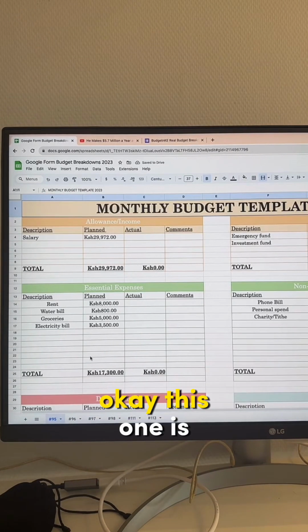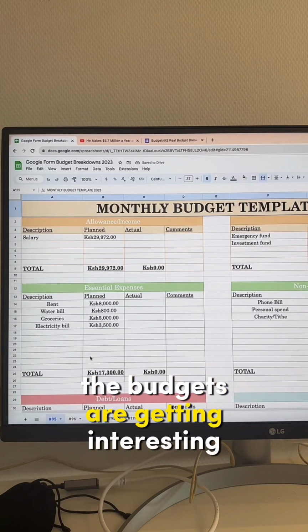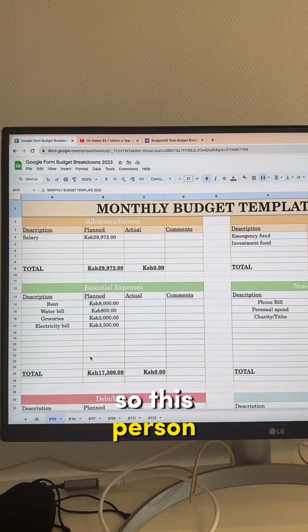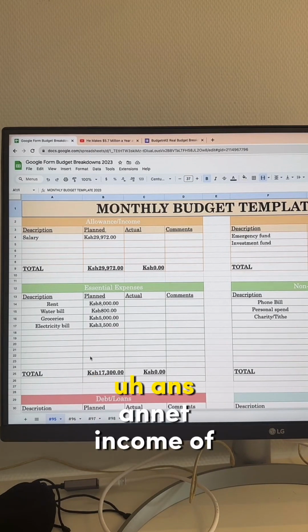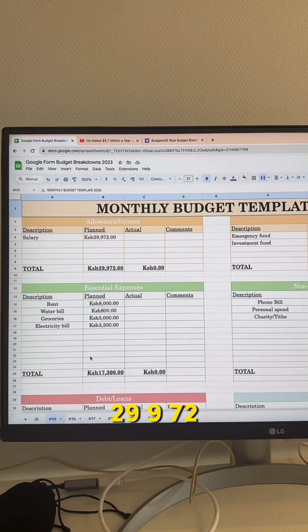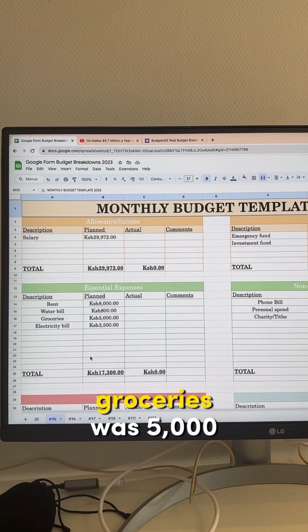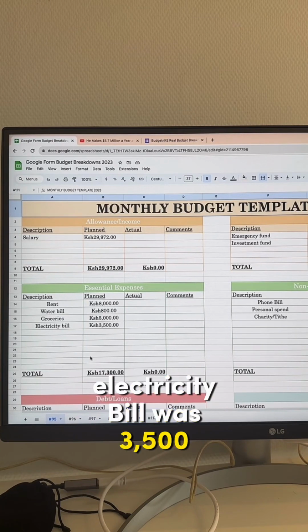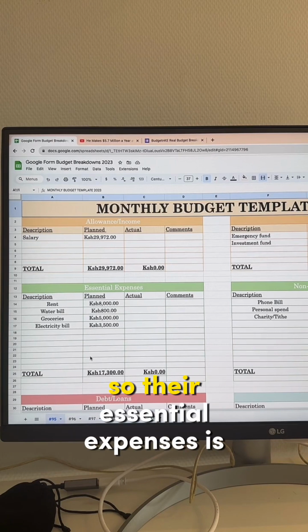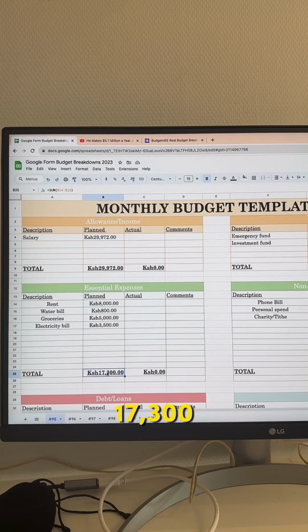Let's see this one. Okay, the budgets are getting interesting. So this person earns a net income of 29,972, no other income. Rent 8,000, water bill 800, groceries 5,000, electricity bill 3,500. So their essential expenses is 17,300.